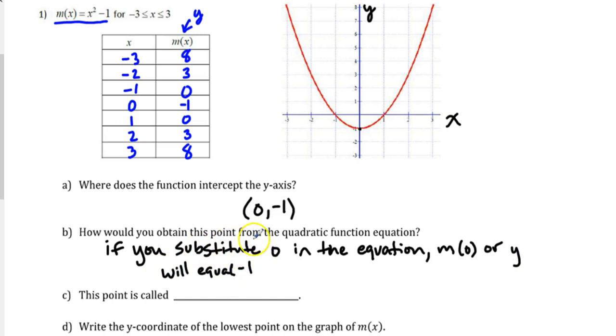Like we said here, if you substitute 0 in, we can say this two ways. We can call it m of 0, that's function notation, or we can say y equals. And when we substitute 0 in for x, 0 squared is 0, minus 1 is -1, so we'll get -1. That has a fancy mathy name. It's called the y-intercept, and you're familiar with that word from other functions that we've looked at. Let's label it right here.